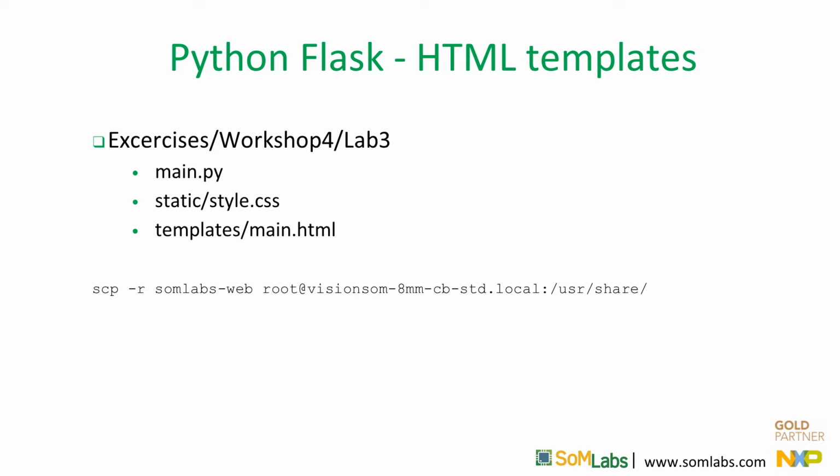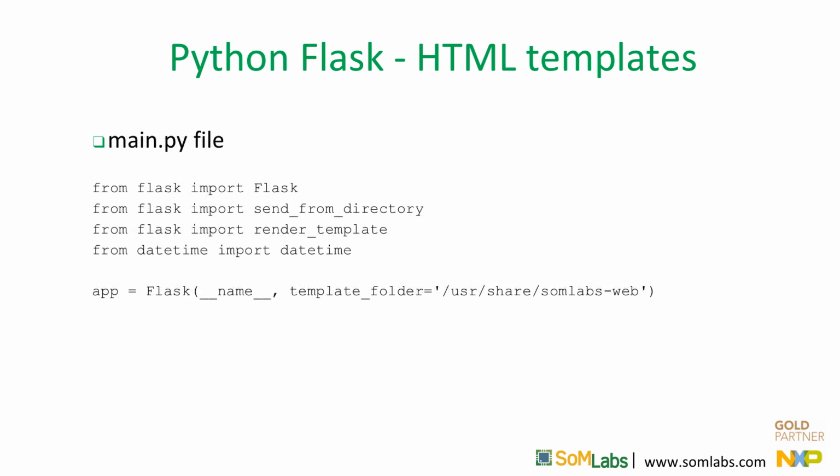We can copy it completely to usr/share, overwriting the previous version. The new application consists of a main.py file just like before, but a CSS file has been added containing style definitions for this and the following examples. And of course we also have an HTML template that we will discuss in a moment.